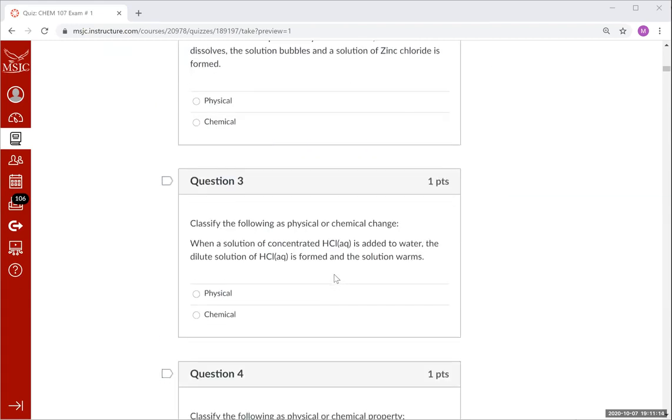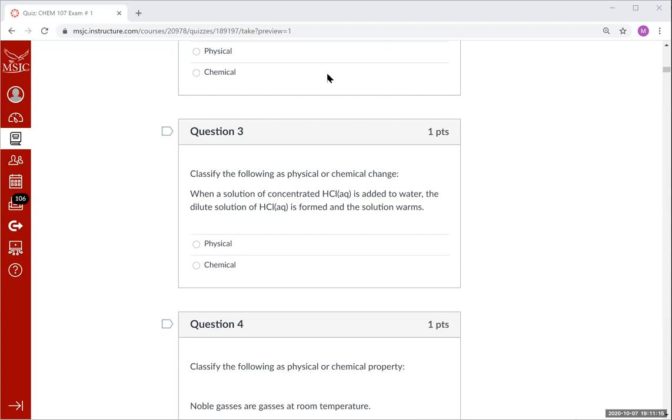So in question 3, we're given that a solution of concentrated hydrochloric acid is added to water, a dilute solution is formed, and the solution warms. So what do we call when we add something to water, when we mix something?